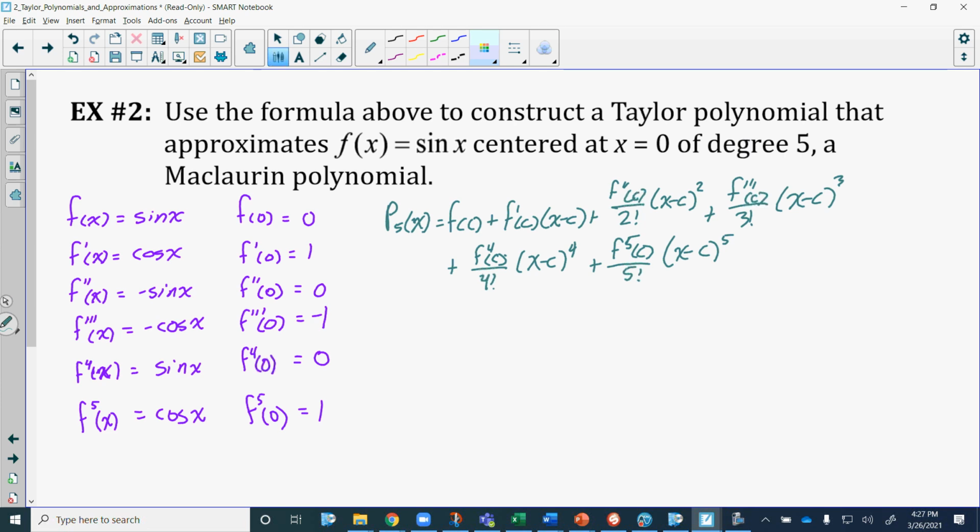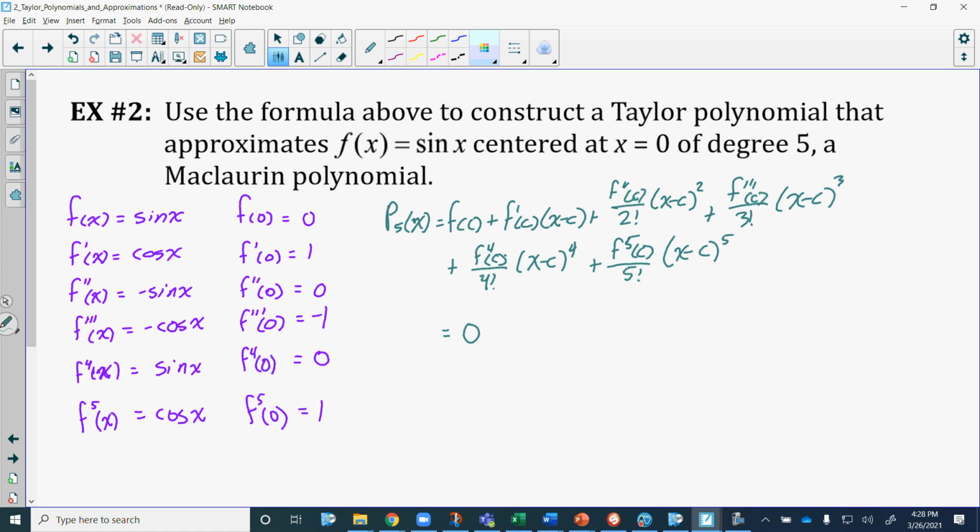Some of you don't need to go through this whole generic one. You have it memorized, you know where the zeros are going to go, and you can just automatically omit them. But I'm trying to be thorough so that the people that need to see it will see it. So f of c, in this case f of 0, is 0.